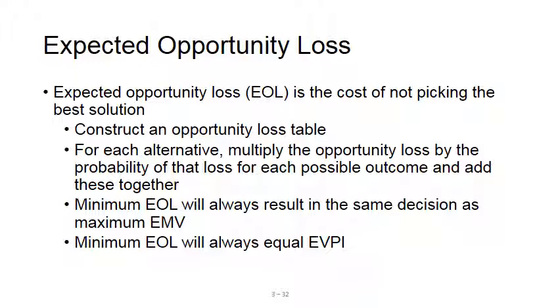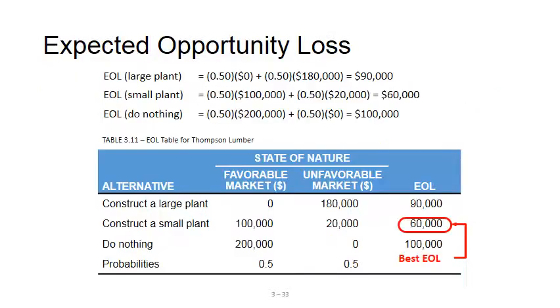To calculate this out, we do the same as we did before. It's the same way we calculated the EMV, where we subtract from the best payoff each of the payoffs of that state of nature.